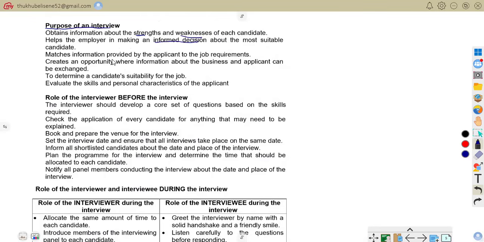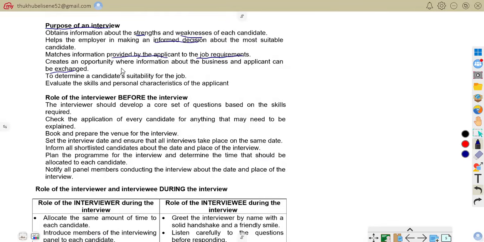It matches the information provided by the applicant to the job requirements. So you are able to match the information provided by the applicant with the questions we will be asking physically. It creates an opportunity where information about the business and the applicant can be exchanged.